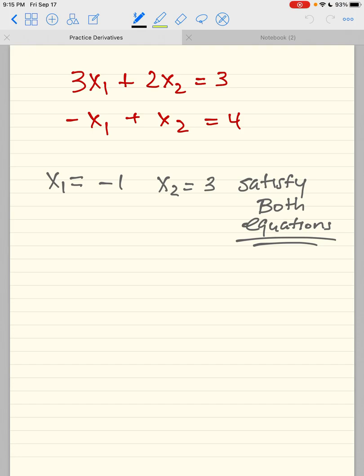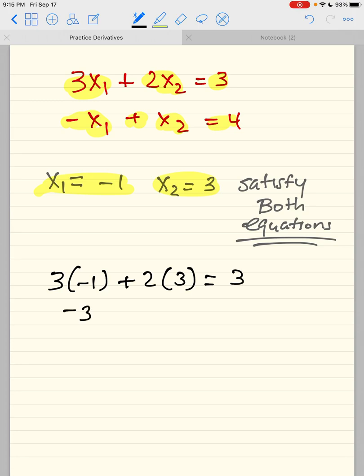So let's take a look at this. If we had 2 equations, in this case m would be 2, we had 3x1 plus 2x2 equals 3, and negative x1 plus x2 equals 4. We know that x1 equals negative 1 and x2 equals 3 if you solve for it. So we make sure that you get negative 3 plus 6 equals 3, but that's a solution just for this one.